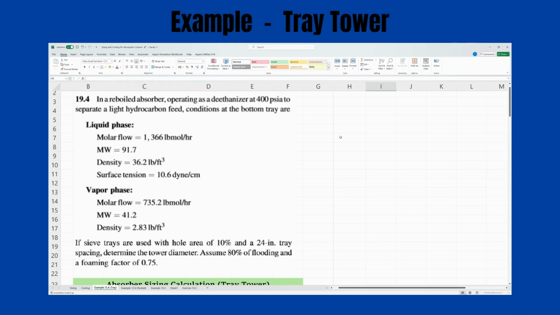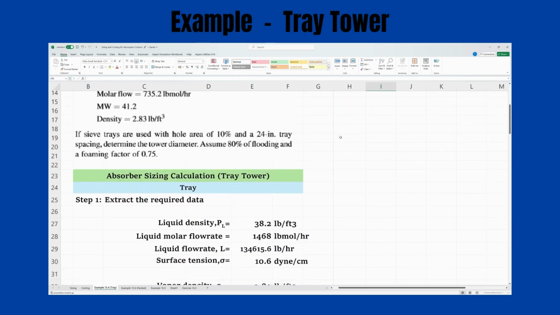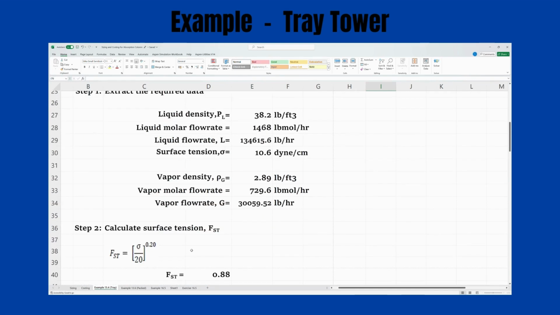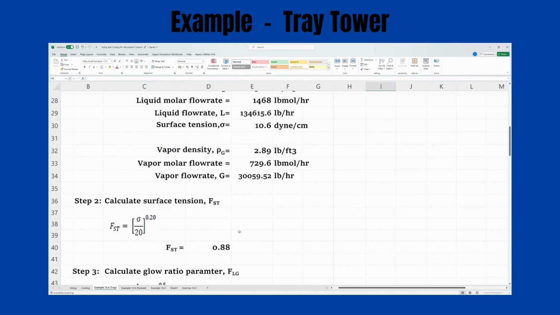So next, we will calculate it using Excel. The first step is to extract the required data, which is the liquid density, liquid molar flow rate, liquid flow rate, surface tension, vapor density, vapor molar flow rate, and the vapor flow rate. And then we proceed with step 2, which is to calculate surface tension.